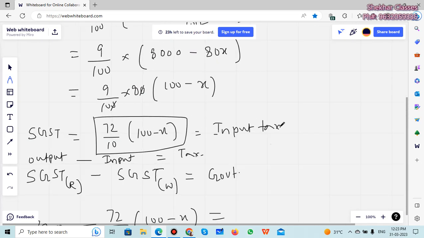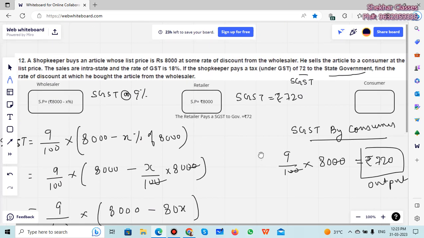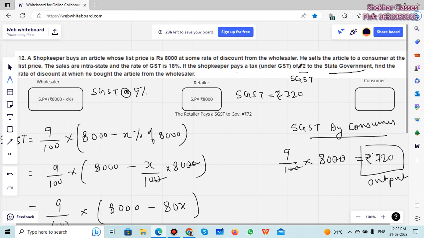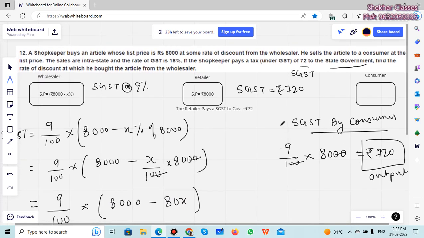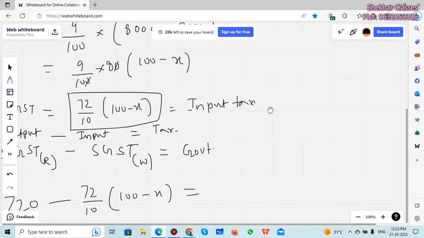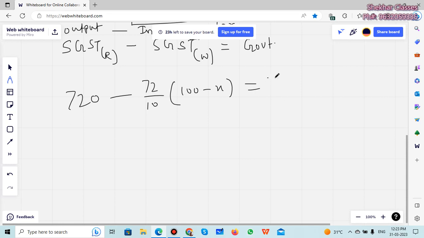This is the input tax, and this is the output tax. If we subtract, how much does he pay to the government? 72 rupees. So I put it here, 72 rupees. Solve this equation and we'll get the answer.